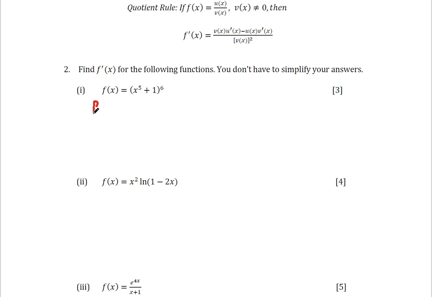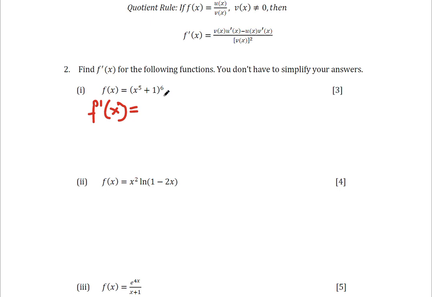So to find f prime x for this function, there are some important things that we need to recognize. We're asked to find f prime x for f of x equal x to the fifth power plus 1 all raised to the power of 6. Well, when we are differentiating bracketed functions raised to a power other than 1, then one of the most useful rules to apply is the chain rule.